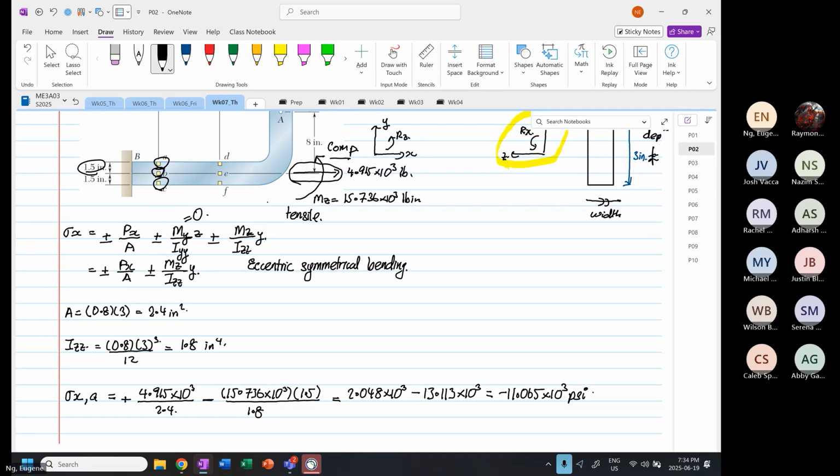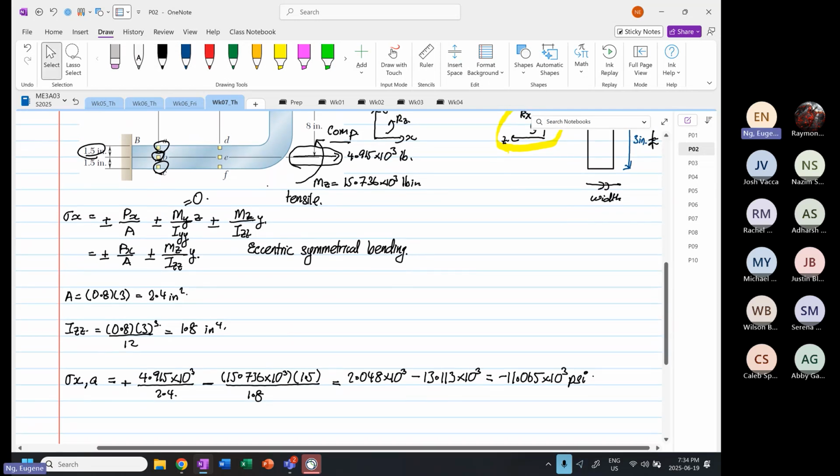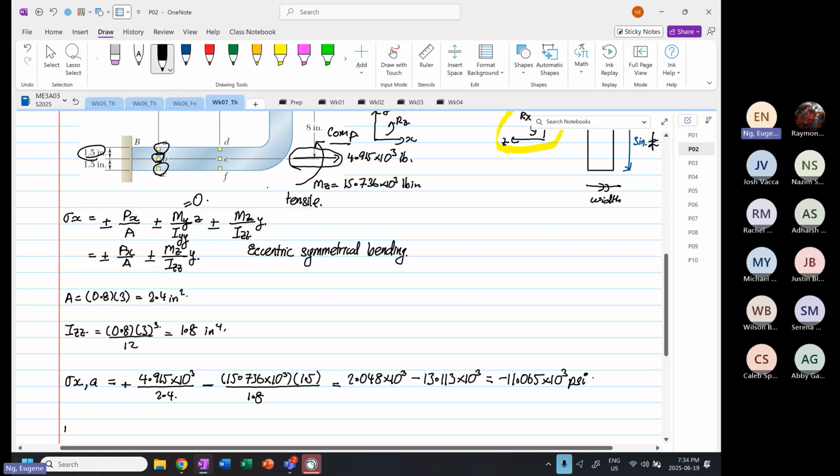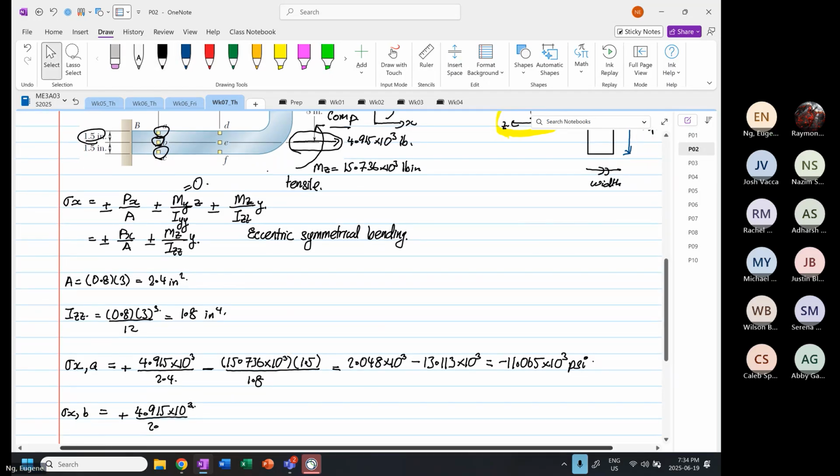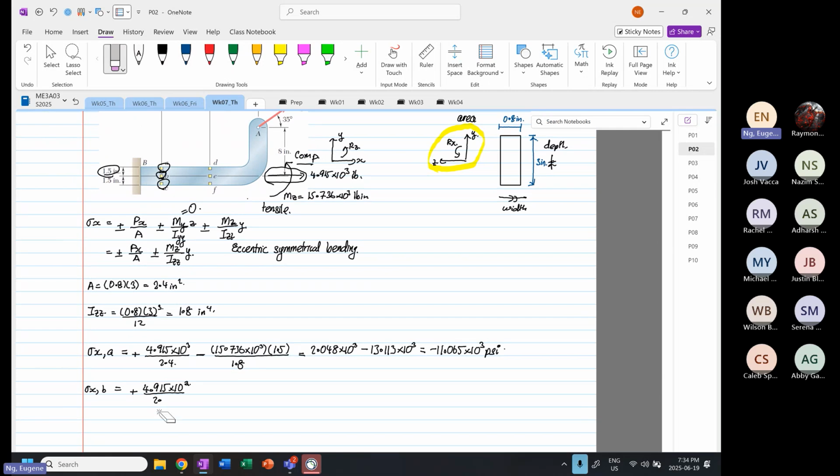Okay. So now we look at B. Stress X at B. So now this will be equal to plus again 4.915 times 10 to the power 3 divided by 2.4. Okay, let me shrink down so you can see better.